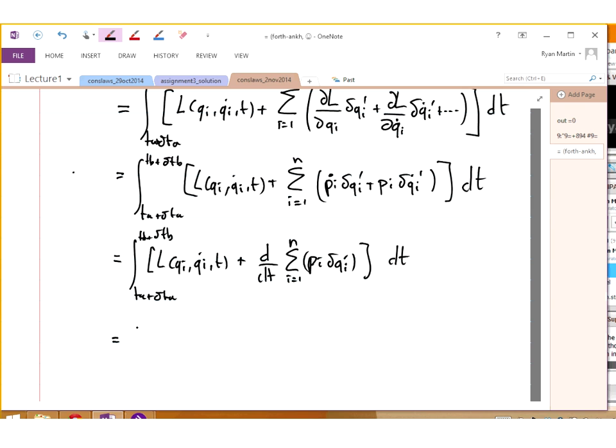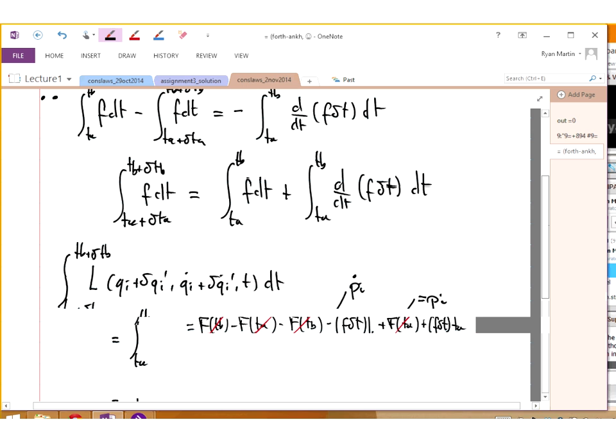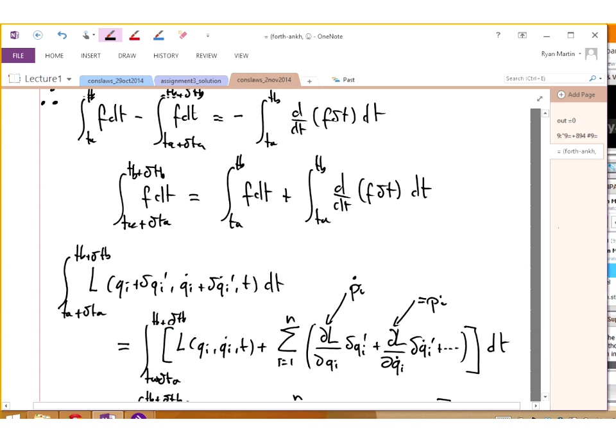Okay. So if I do that, I get the integral from t_a to t_b. The first thing, well, it's actually at the top of this page, isn't it?